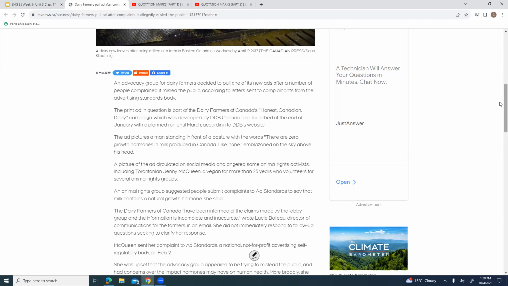The print ad in question is part of the Dairy Farmers of Canada's Honest Canadian Dairy campaign, which was developed by DDB Canada and launched at the end of January with a plan to run until March, according to DDB's website. The ad pictures a man standing in front of a pasture with the words, "There are zero growth hormones in milk produced in Canada, like none."